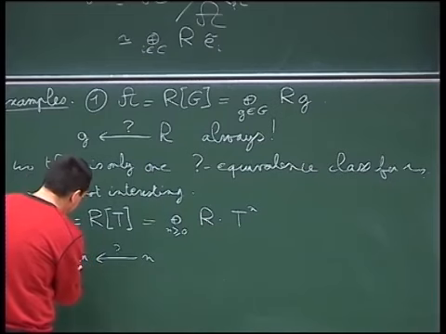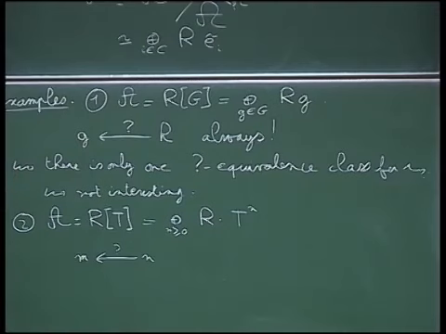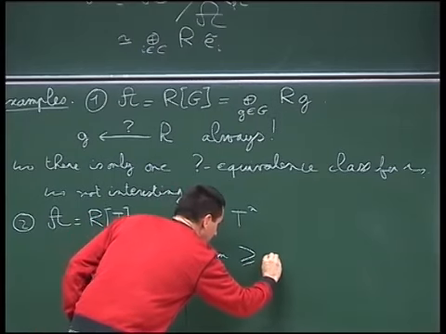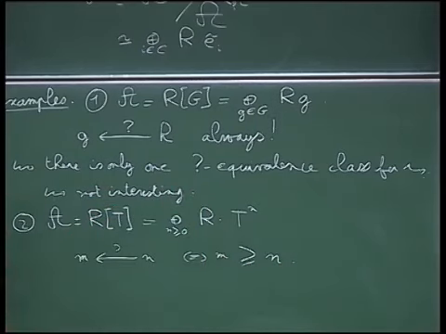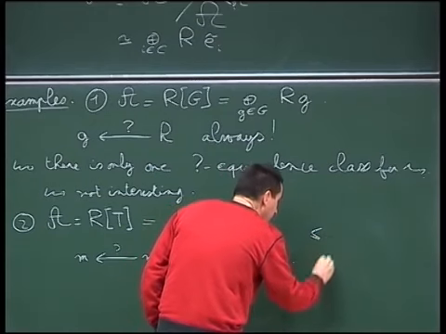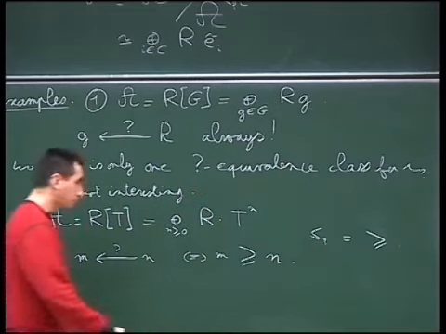But you can get a power t^m by multiplying t^n by something if and only if m is greater than or equal to n. So in this case, the notation is not so good because this preorder is equal to this one. Okay.